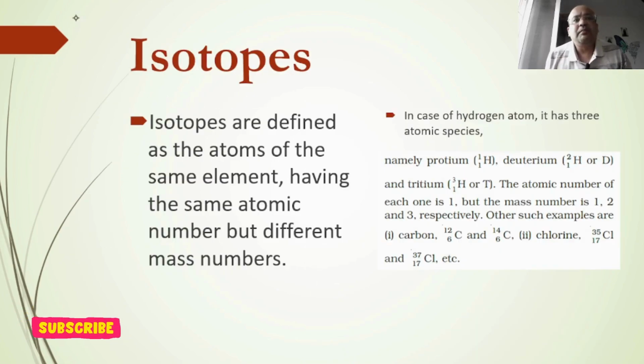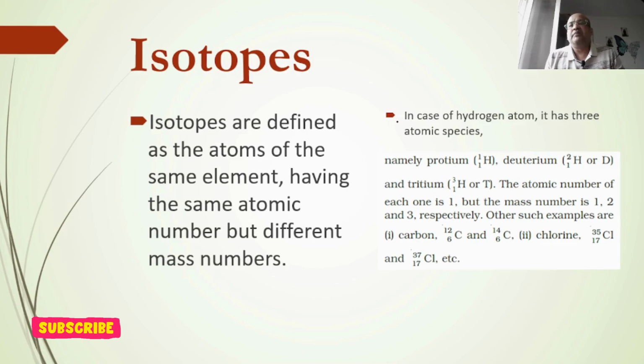Now let's talk about isotopes. Isotopes are defined as atoms of the same element having the same atomic number but different mass numbers.